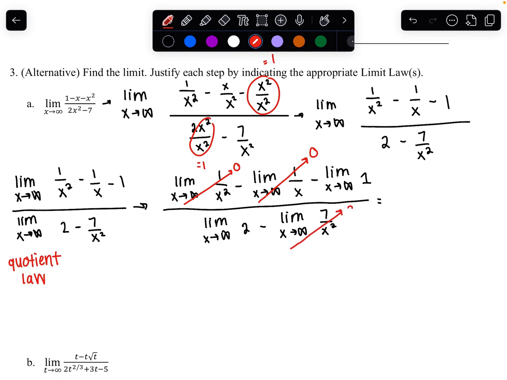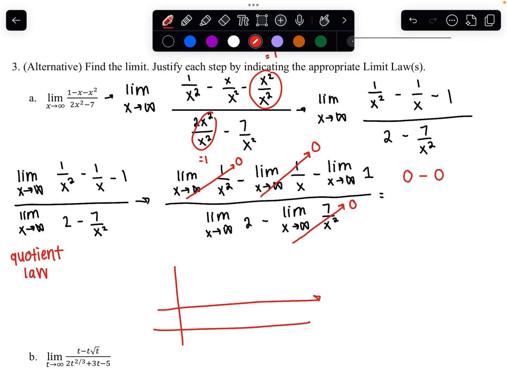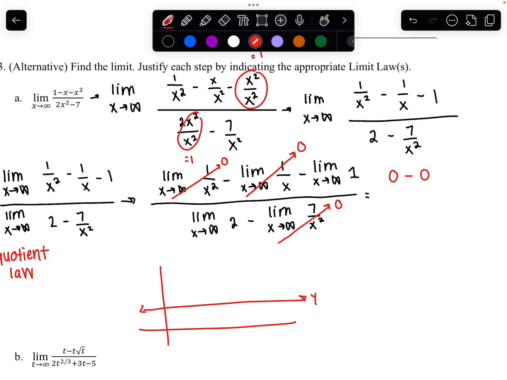Crazy. So I have 0 minus 0. The limit of a constant is a constant, because think about it. If you have a graph and you have y equals 1, that looks like this. This is y equals 1. So as x gets bigger and bigger, what's happening to y?